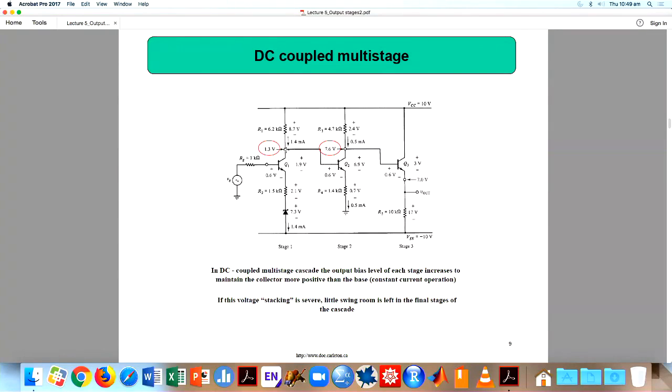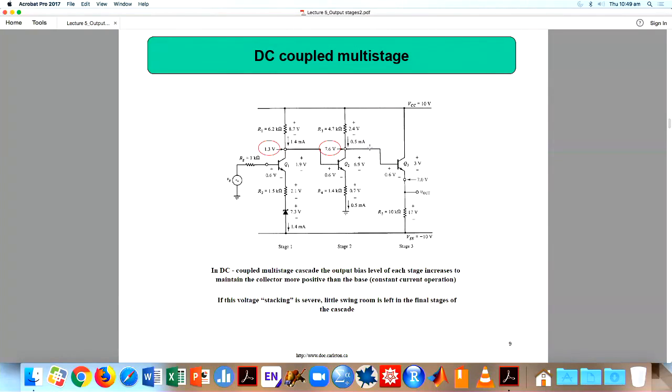Then if you connect DC coupled, you are directly connecting, and there is a problem. If this is 1.3 volt, here you are getting around 1.3 volt. Then in order to keep this transistor in the active region, your collector voltage always should be greater than 1.3 volt, maybe around 2 volt.